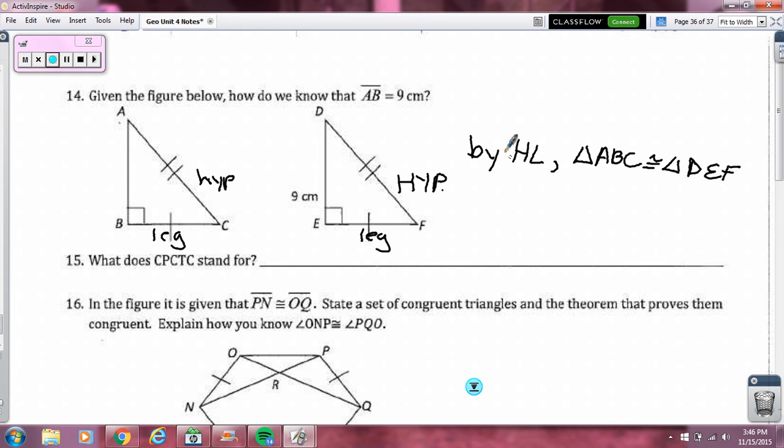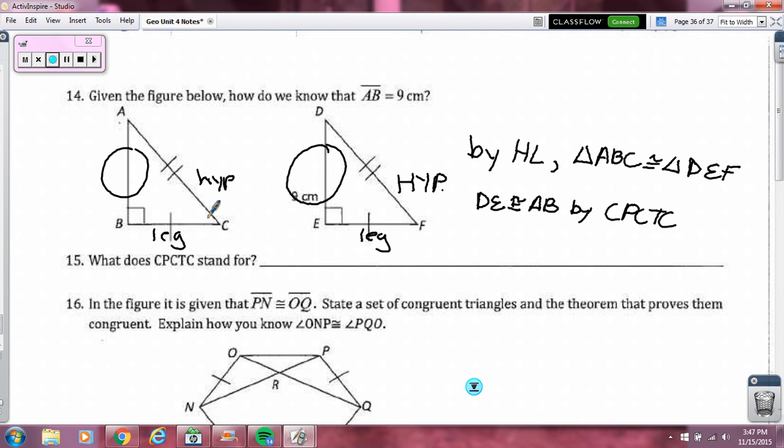So after that, I can go back and say, alrighty, if those two triangles are the same size or congruent, then any of their matching parts, like DE and AB, have to be the same size. So DE is congruent to AB by CPCTC, which is our theorem that says corresponding parts or matching parts of congruent triangles are congruent.